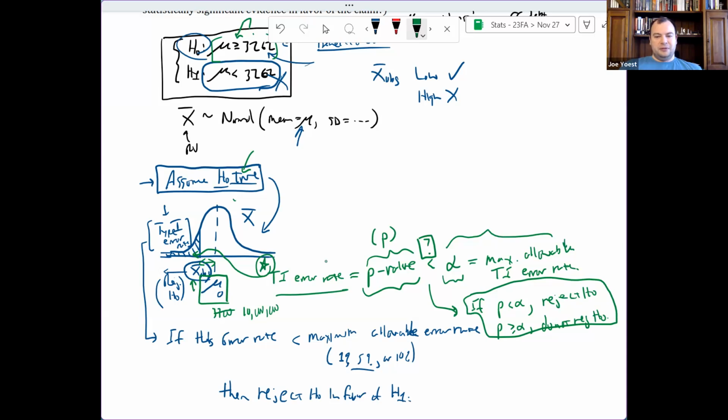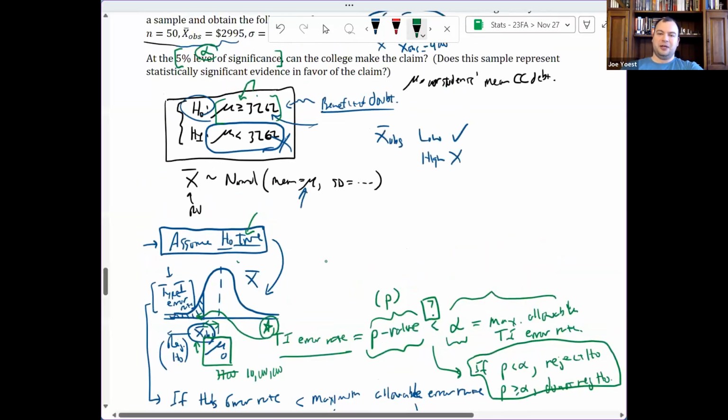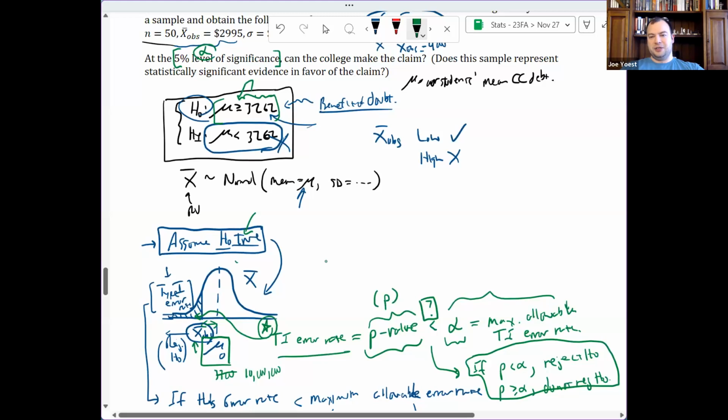So I note that I can easily reject for mu naughts that are way far to the right. What's the hardest mu naught for me to reject against? If I was going to pick a mean in this interval to test against, where I could say, if I can reject for this mu naught, then I can reject for all of the others in this interval as well, well, I would choose the one right on the border. 3262 is the closest mu naught in this interval from 3262 to infinity.